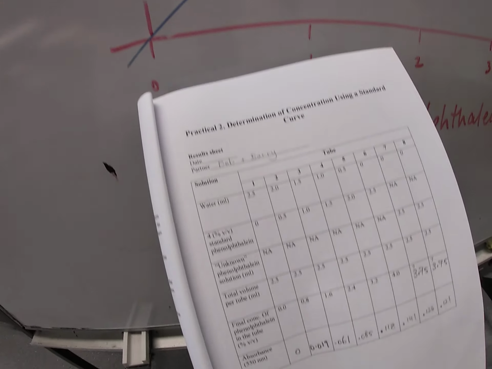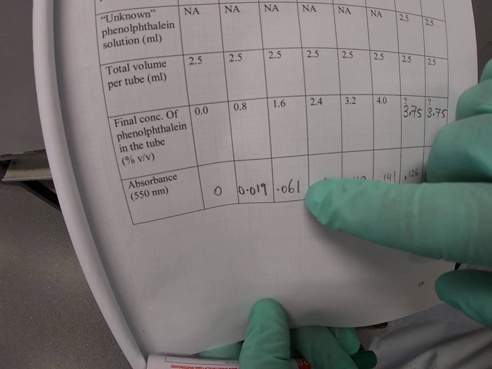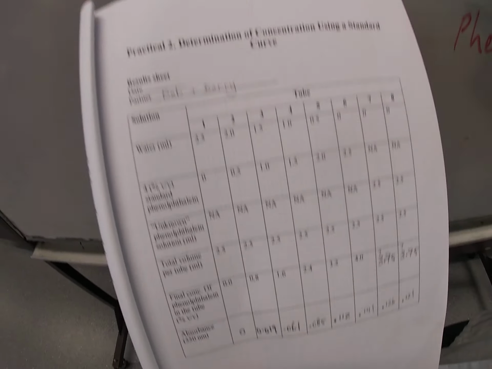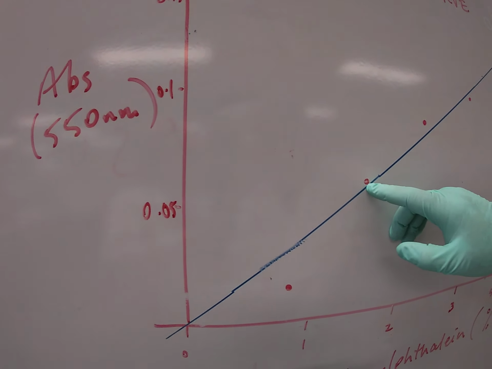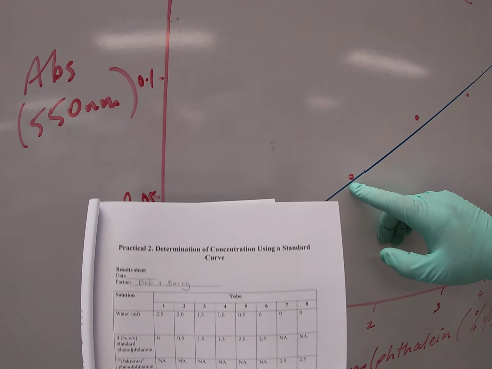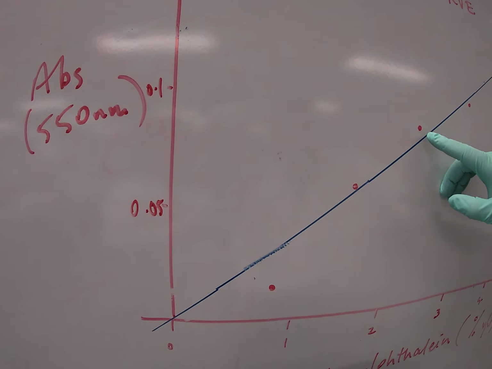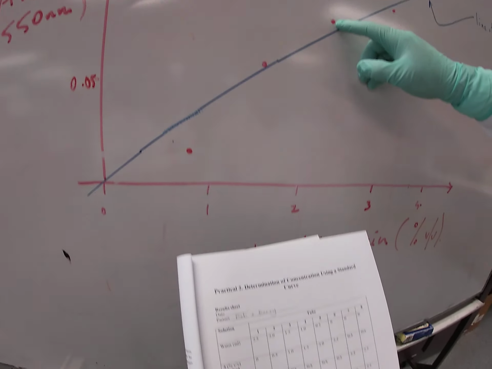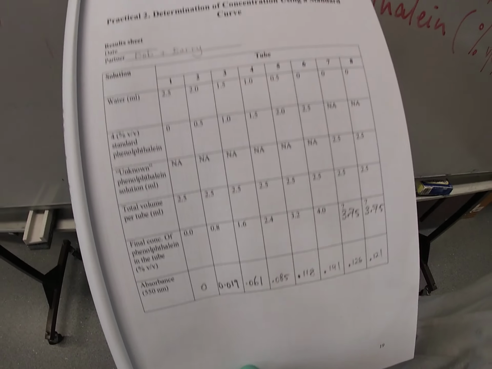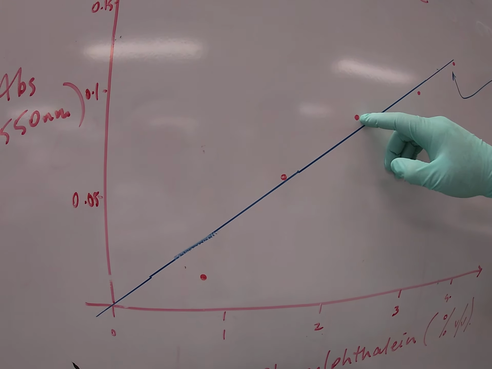Test tube number 3 has an absorbance reading of 0.61 at a final concentration of 1.6. Therefore, we move up from 1.6 here, to an absorbance reading of 0.61, and plot that point there. Test tube number 4 has an absorbance reading of 0.85 at a final concentration of 2.4, and that's where this point is located.